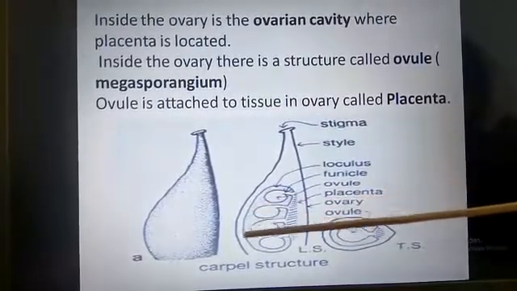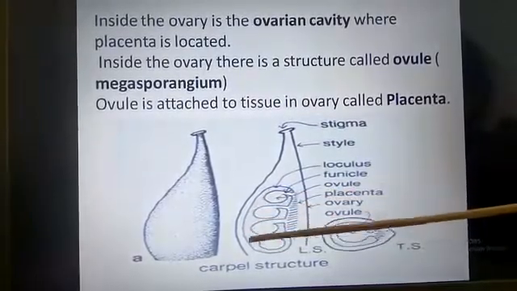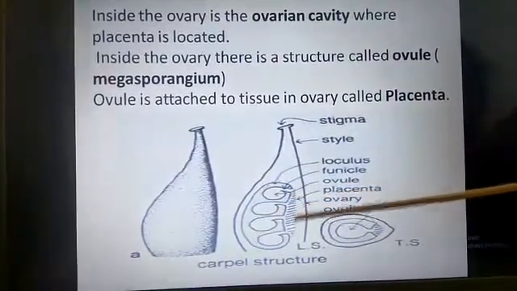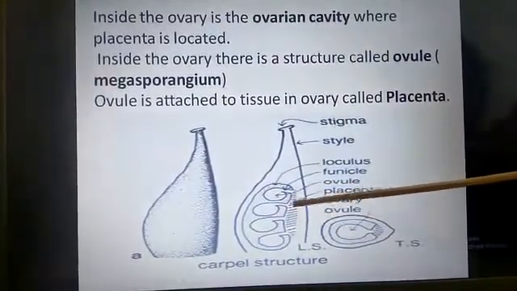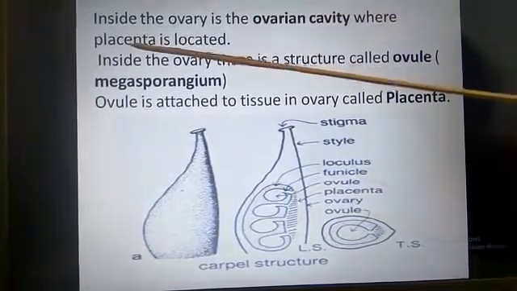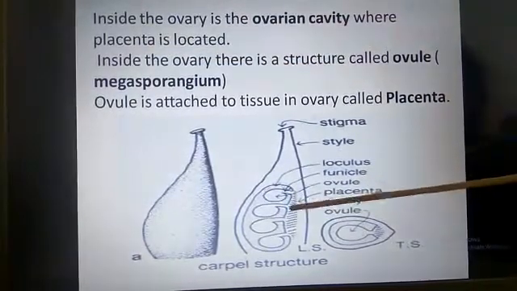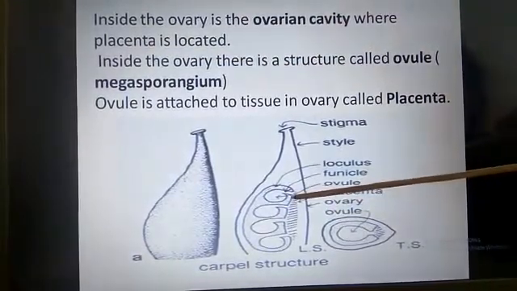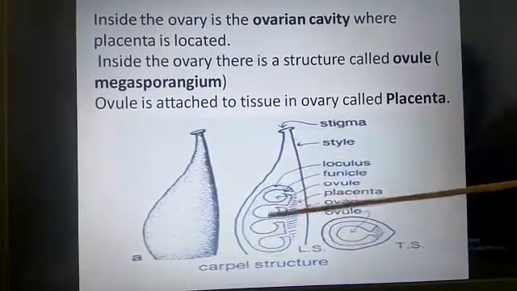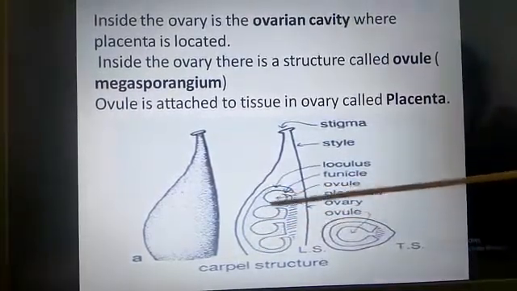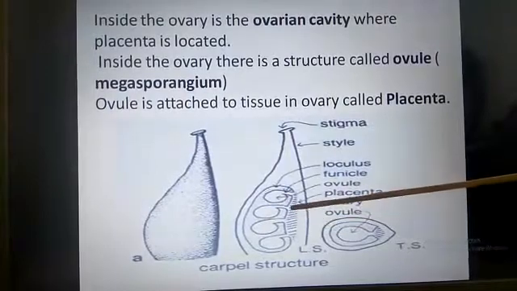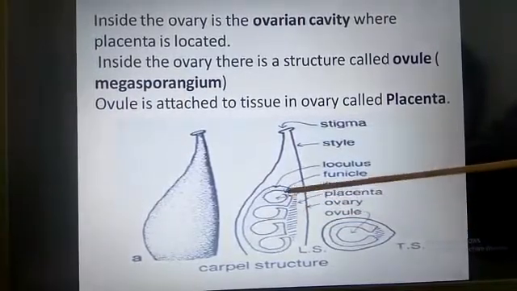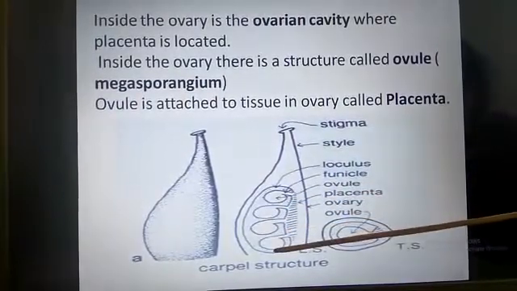This is called the ovarian cavity. Now in the ovarian cavity, you can see this small line. This is the tissue called placenta. From the placenta arise small structures. See, there are 4 structures here. These structures arise from the placenta. So these structures are the ovules.